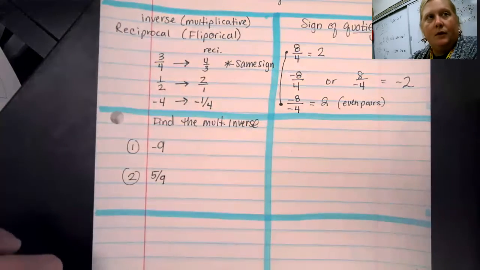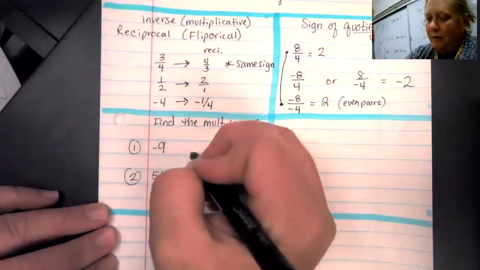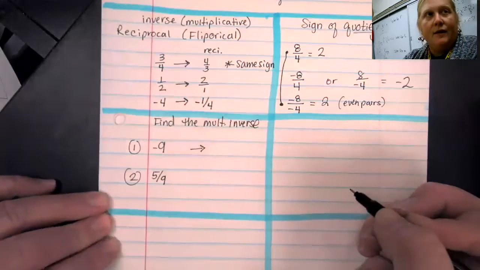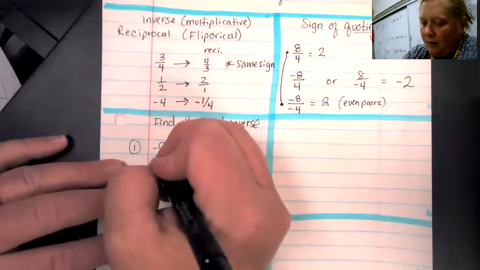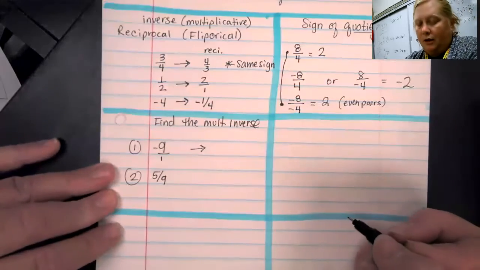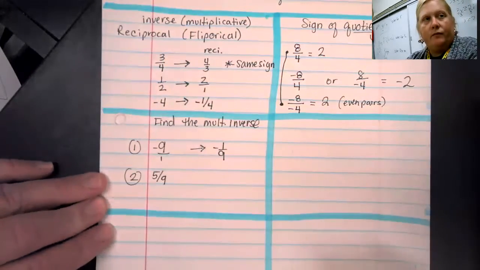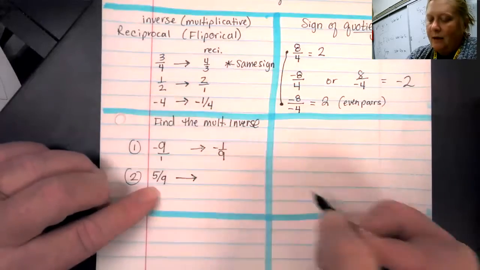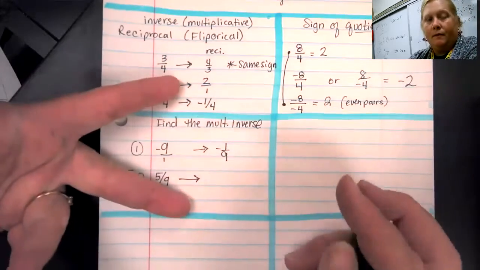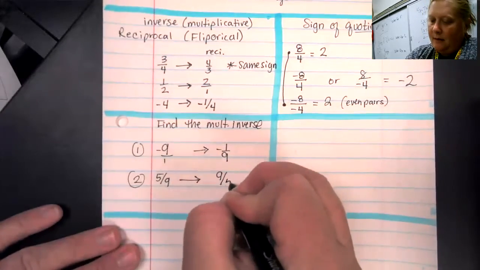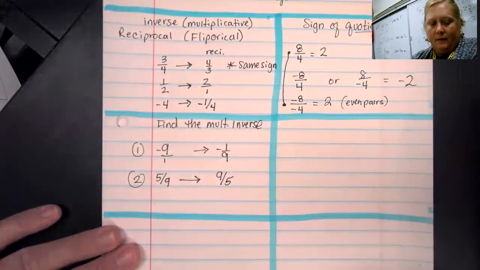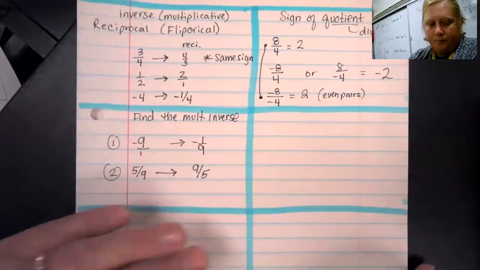What do you think? Well, -9 would be the flip. Now, if you wanted, you could put this over 1, couldn't you? So this becomes negative 1/9. Well, for 5/9, that's a little bit easier. We just flip it. It becomes 9/5. That's pretty easy, right?